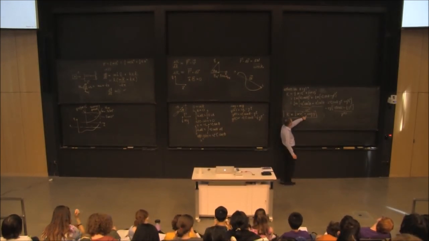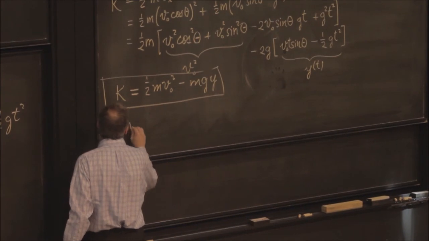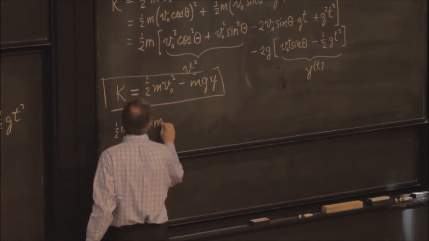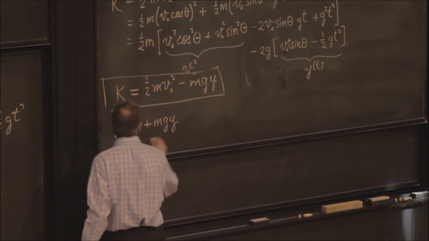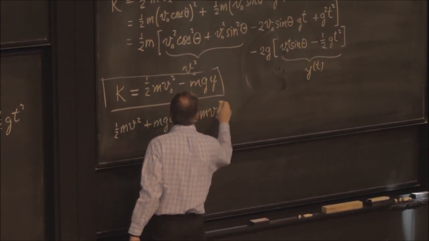I actually want to rewrite this. The kinetic energy plus mgy is equal to 1/2 m v naught squared.